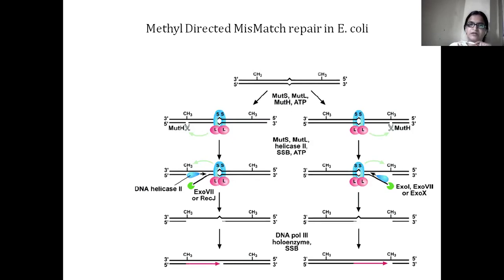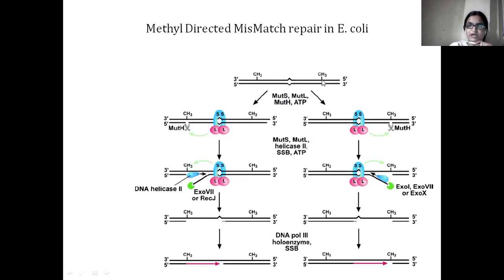Now, in this diagram we can see methyl directed mismatch repair in E. coli. So let us suppose this is the mismatch, and these are the methyl sequences. As you remember from the previous slide, methyl groups will be added onto the adenine.